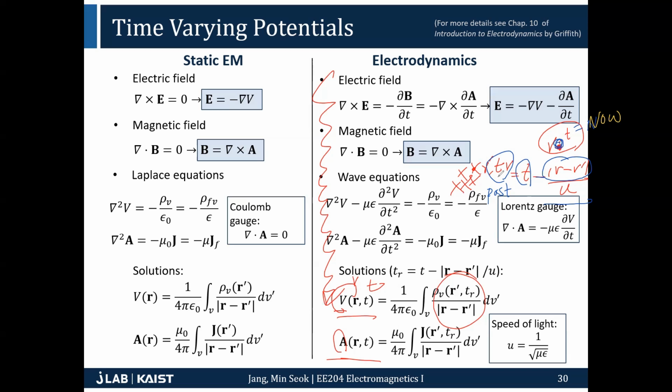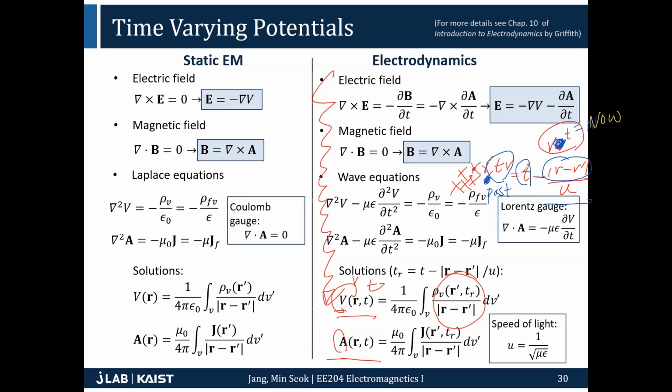The source at this position can affect the field at this position after some time, and that time is defined by the light travel time. Nothing can be transferred faster than light, and that tells you about causality, 인과관계, 인과율. This is an important thing to note from this relation.